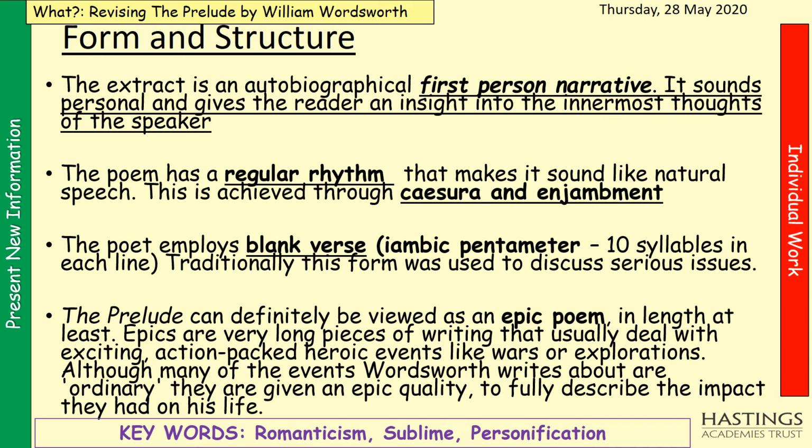A lot of the events that Wordsworth writes about are ordinary. Obviously in this poem he just went out rowing on the lake, but they're given a really epic quality because they had such an impact on his life. Okay, so even though it's not a really heroic journey that he goes on, it was really significant to him in his life, and that's why he writes it like it is an epic poem.